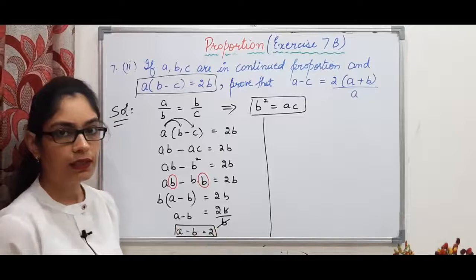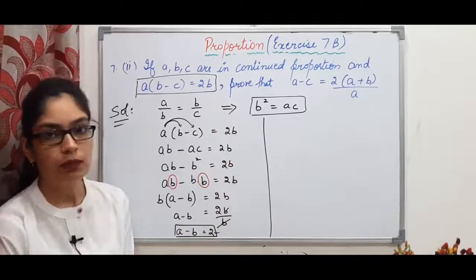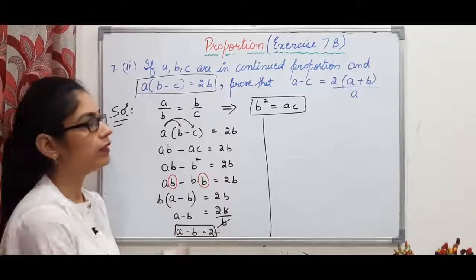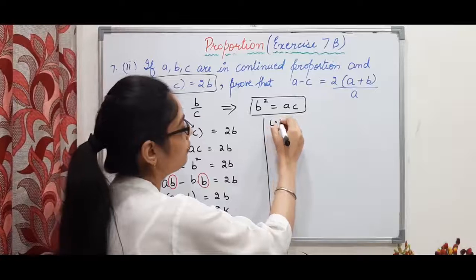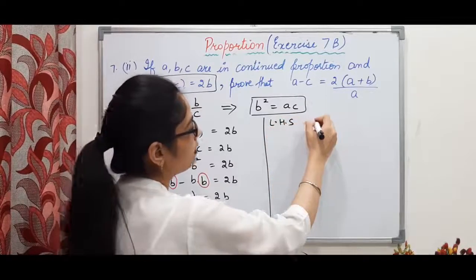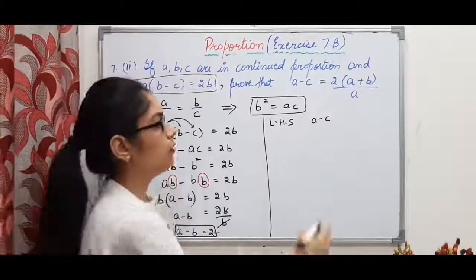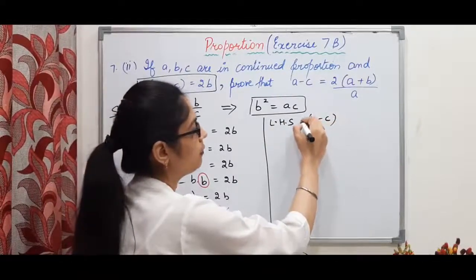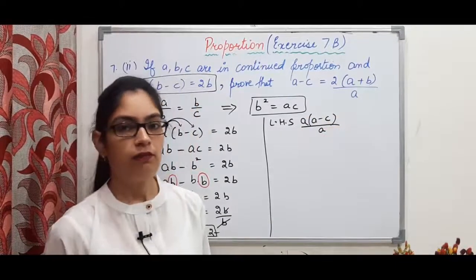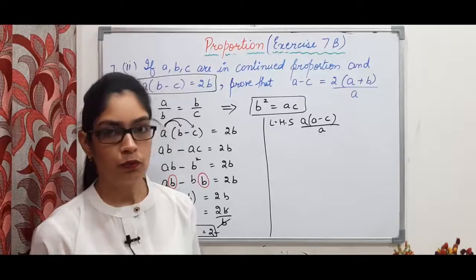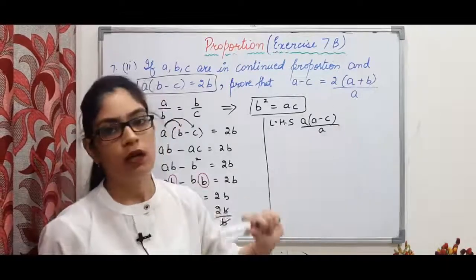Because I solved the given part, I got a minus b equals 2. So this result also we can use while proving. So let's start from the left hand side. Left hand side is a minus c. What we can do here is multiply and divide this a minus c by a. While proving, whatever we can do, we have to do so that we can reach our goal.